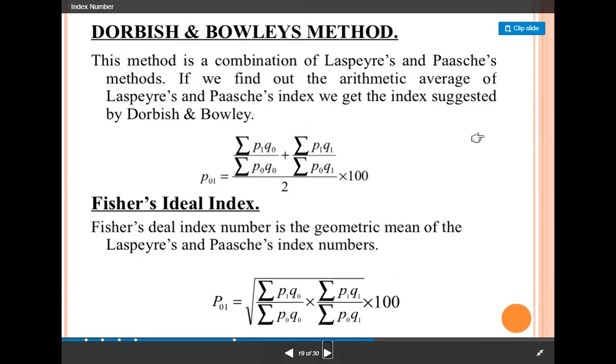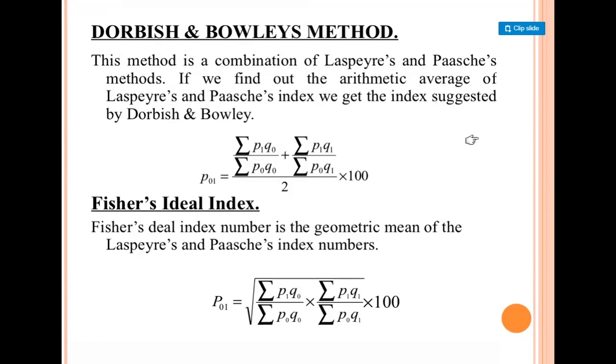So the next formula is Drobisch and Bowley's method, or Drobisch and Bowley index number. This method is a combination of Laspeyres' and Paasche's methods. If you find the arithmetic average of Laspeyres' and Paasche's index, we get the index suggested by Drobisch and Bowley. So here P01 means, by using both these formulas, we find the average of Laspeyres' and Paasche's, that is, divided by 2.